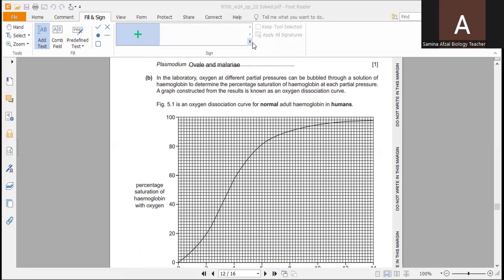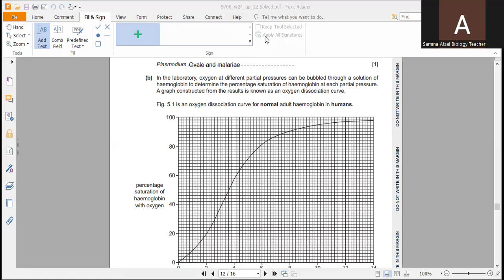In the laboratory, oxygen at different partial pressures can be bubbled through a solution of hemoglobin to determine the percentage saturation of hemoglobin at each partial pressure. A graph constructed from the results is known as an oxygen dissociation curve. This figure 5.1 is an oxygen dissociation curve for normal adult hemoglobin in humans.